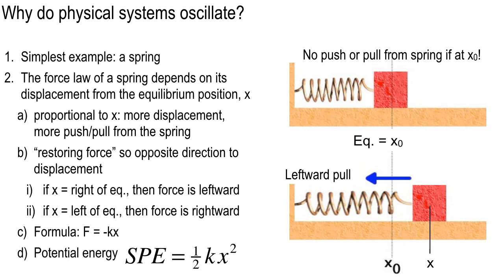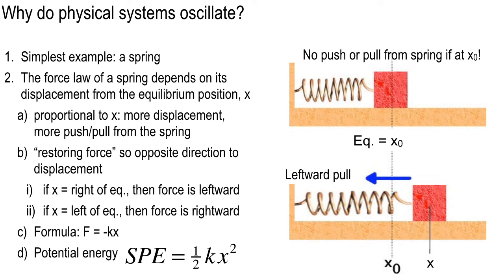So 1/2 kx squared, we're probably going to use that next week. But the formula for the force and the formula for the potential energy are important for us. The kinetic energy of that mass at the end of the spring is still 1/2 mv squared. But the force on that mass is minus kx, and the potential energy of the mass is 1/2 kx squared.